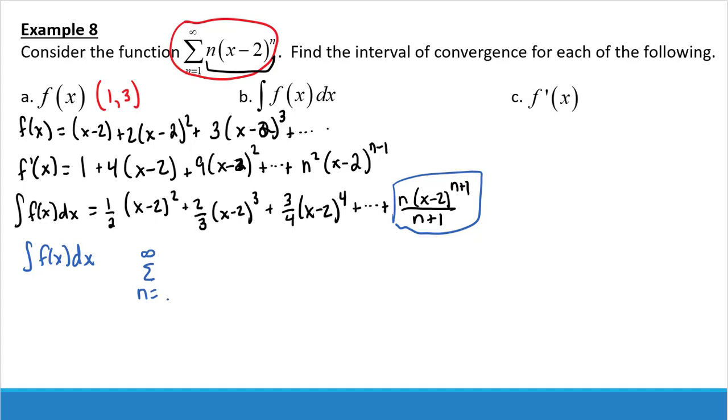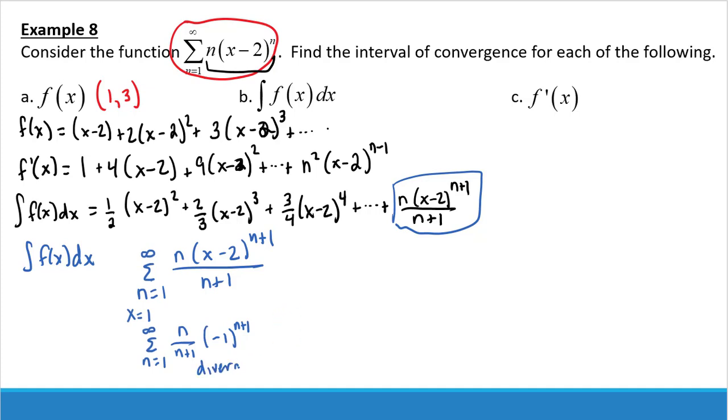We're checking the endpoint of x equals 1. If I plug in 1 for x, I get n over n plus 1 times negative 1 to the n plus 1. Now this diverges again, because the limit as n goes to infinity of n over n plus 1 is not 0, by the nth term test.